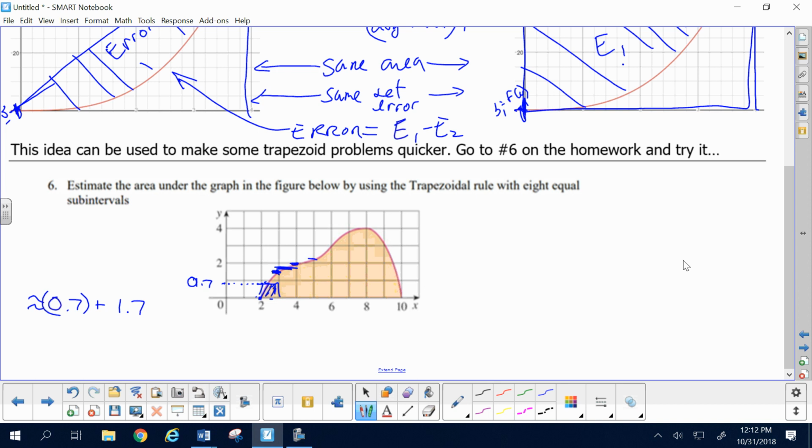What do you want to say? 2. Okay, 2. What's halfway between the next two y values? 2.6. Okay. What's halfway between the next two y values? Feels like it goes from about 3 to about 3.8, maybe? 3.4, okay.